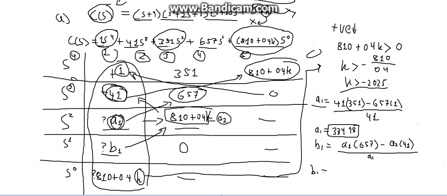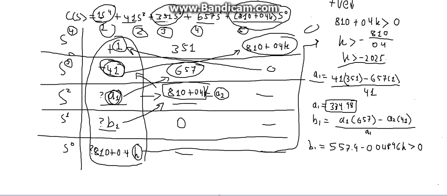Simplifying this down, sorry guys, I'm skipping a lot of steps as I have to rush this final section of the video. You get a final linear equation of 557.9 subtracts 0.04896k, and this must be greater than 0.